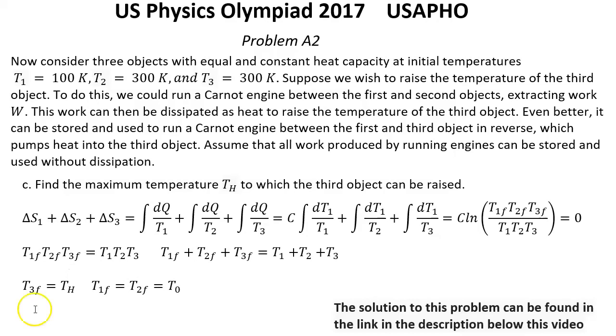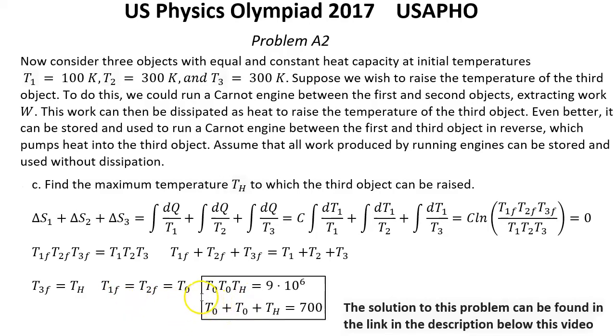When we assume that the third object has the highest temperature TH, the other two must have the lowest temperature T0. It means that we have these two equations, and using these initial numbers, now eliminating T0, we have this equation, and one root of this equation, it's obvious, is TH equal 100.